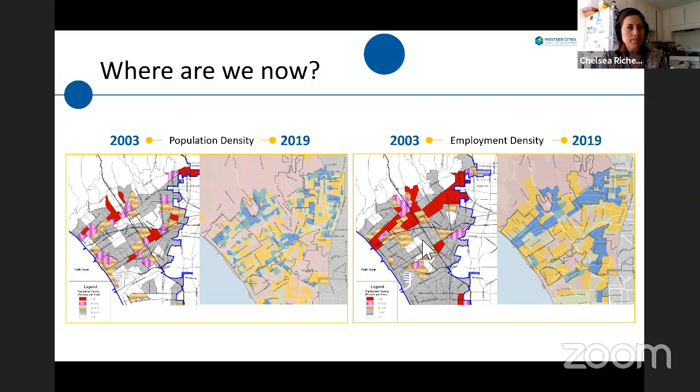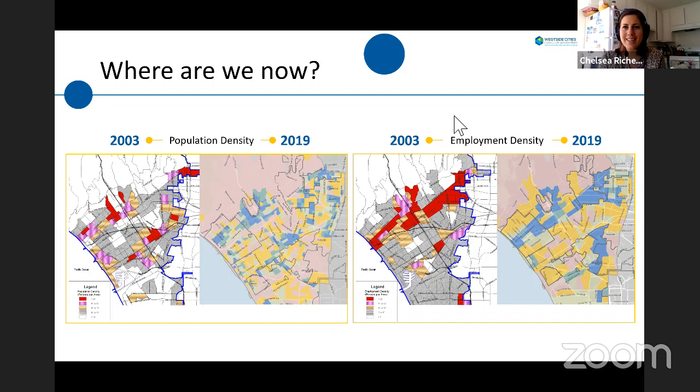You can see that a lot of the patterns are quite similar along the corridors: Santa Monica Boulevard, Wilshire Boulevard, really across the entire subregion, as well as Venice Boulevard and in Culver City, and then towards the southeast corner of the subregion near LAX, where there is still some employment concentration. There has been a little bit of change, with some more areas popping on the 2019 maps, but by and large, the same spatial patterns from 2003 persist in 2019.